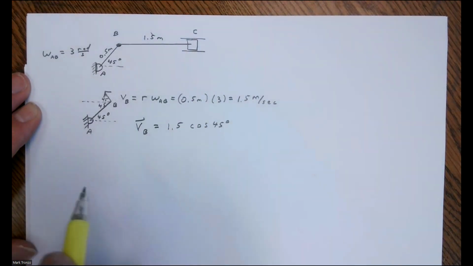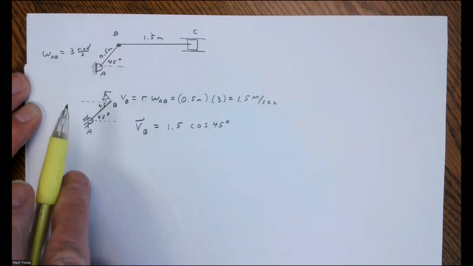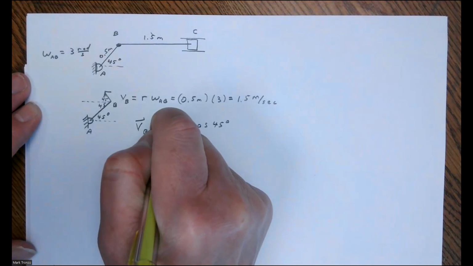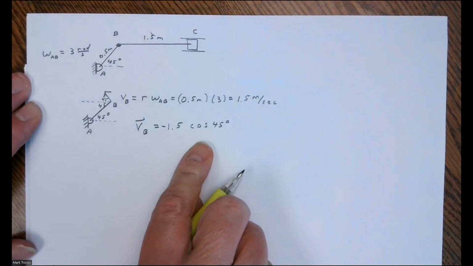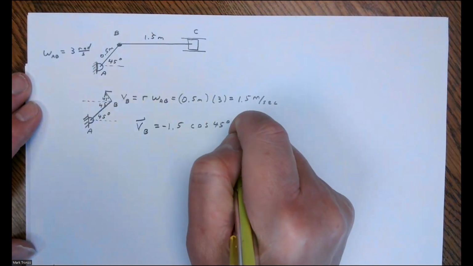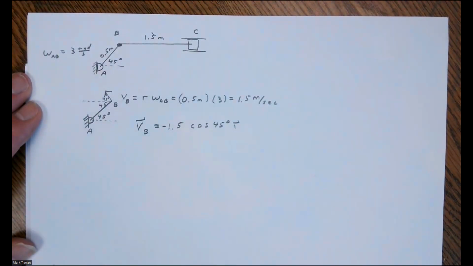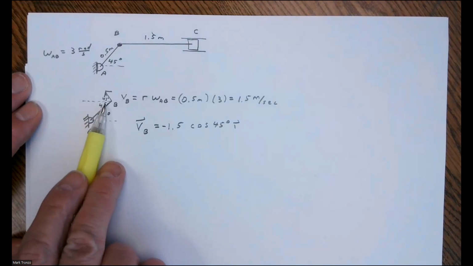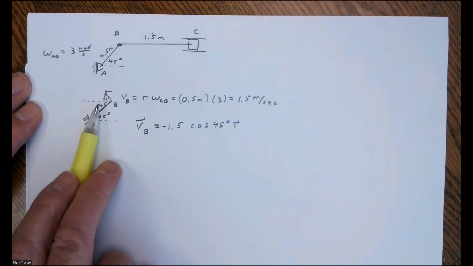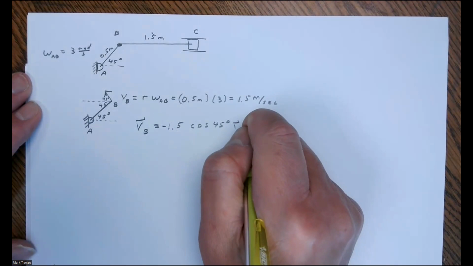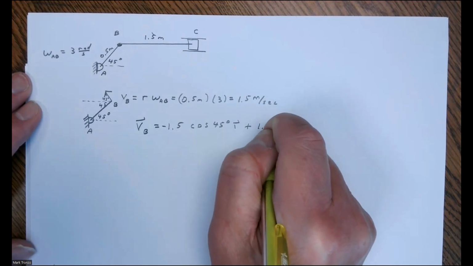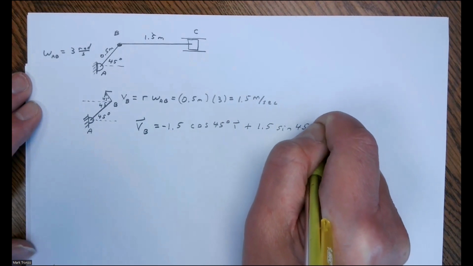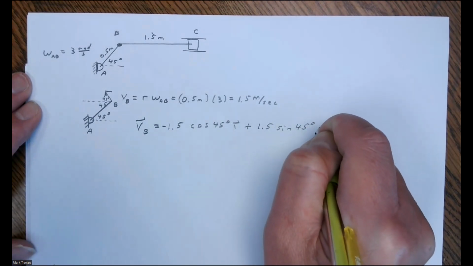And also because notice the X will be in the negative direction, this will end up being a negative 1.5 cos 45 i. Then for the Y direction, if this was cosine, that'll be sine. 1.5 sine 45 j.